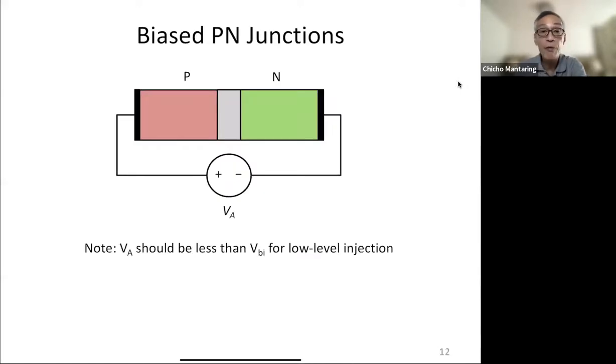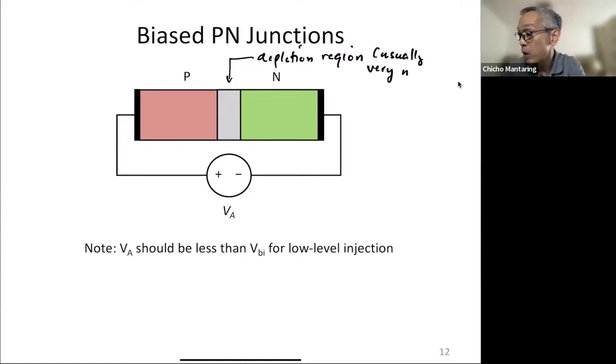Now, what will happen if we bias your PN junction? So this is now my PN junction, where I emphasize the depletion region. By the way, the depletion region is usually a very, very narrow region.